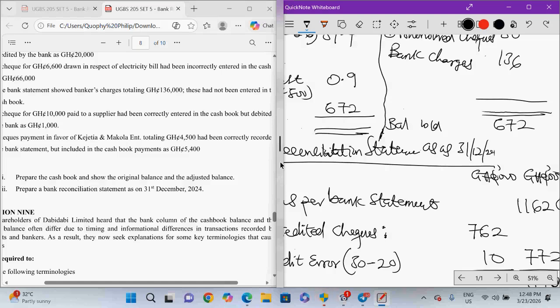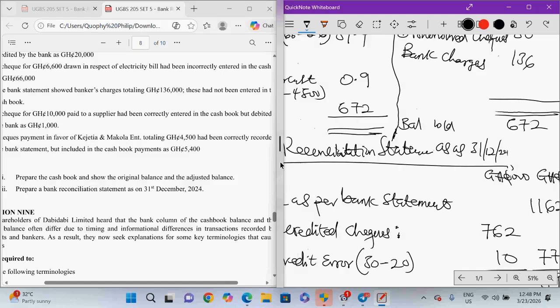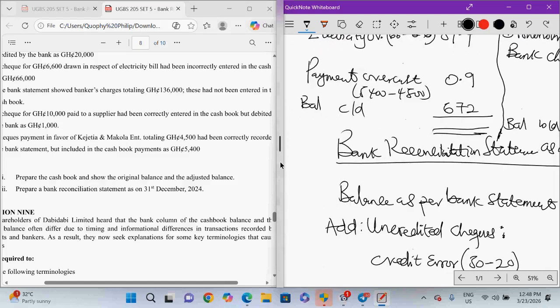Let's add all the debit and credit. I'm not sure whether you are supposed to bring the CD here. Oh yeah, you are supposed to bring it. So that is 672, balance CD.